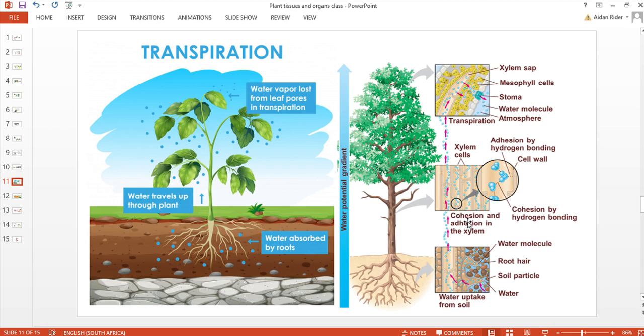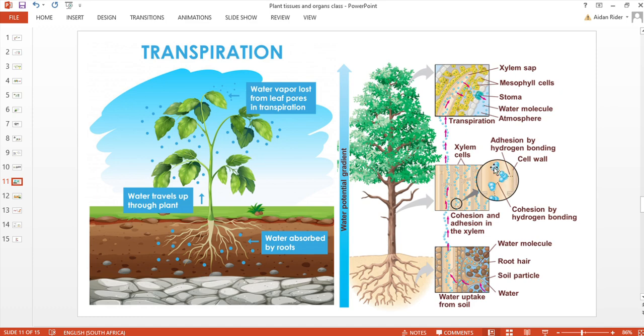based on cohesion. And cohesion is when the water molecules stick close to the side of the xylem cells, or the xylem vessels. They are being attracted to the sides of the xylem vessels. And the cohesion is between the water molecules and the xylem cells, and adhesion happens between water molecules.